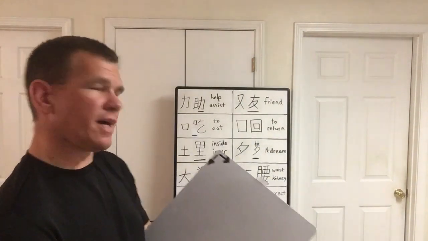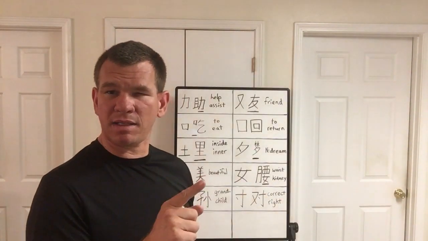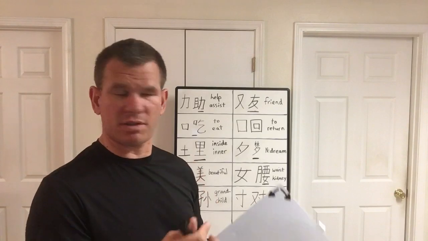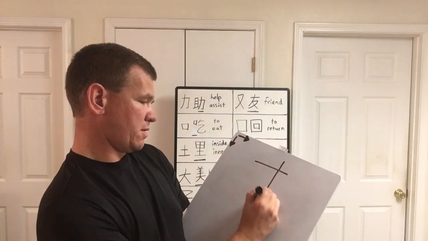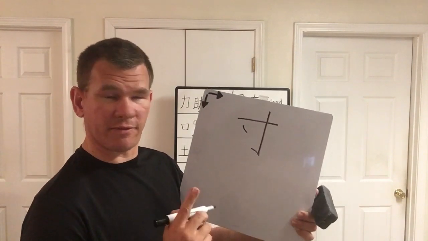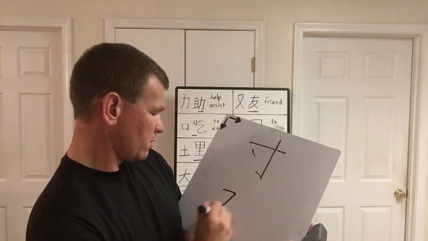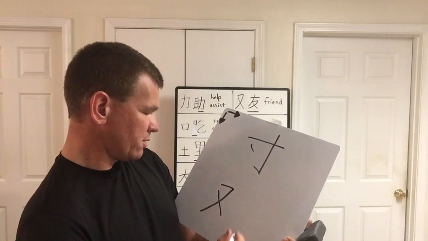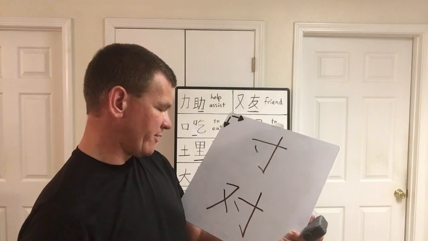Okay, and the last one means tiny or inch. 1, 2, 3. Right, that's what it looks like by itself. Now we're going to put it in with another character. 1, 2, 3, 4, 5.